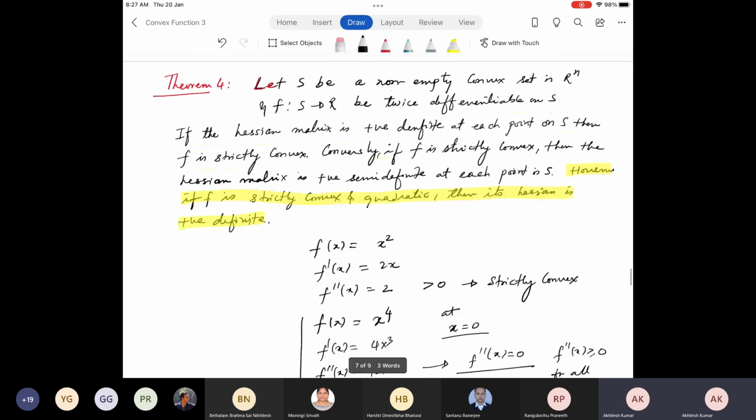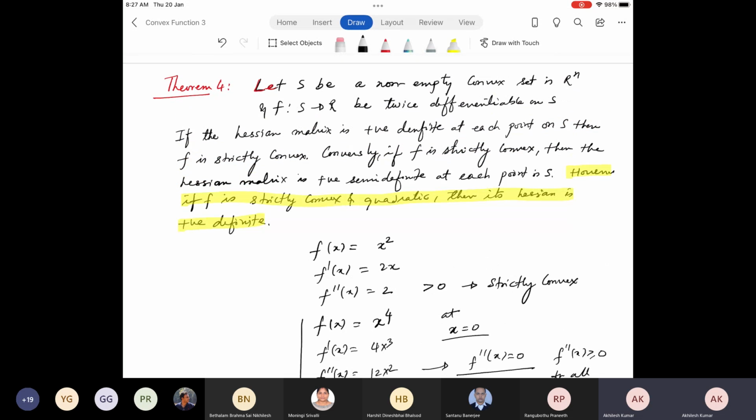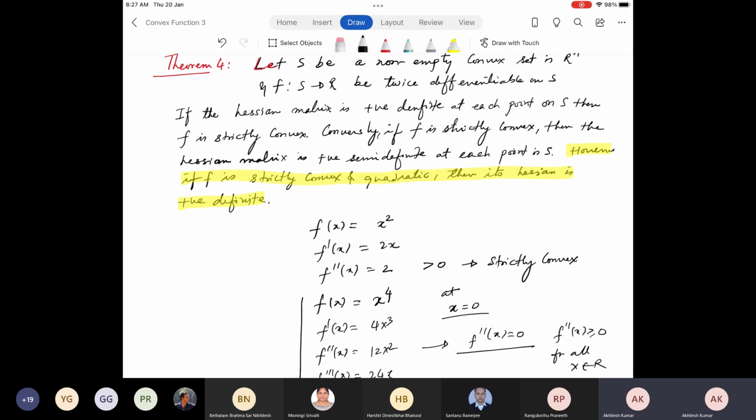So what we are trying to say here is, suppose I look at f''(x) except at 0, everywhere else it is positive definite. You agree? Yes, sir. Whether x is negative or positive, it is satisfying the criteria for a strictly convex function.